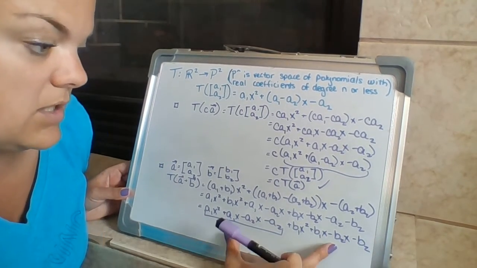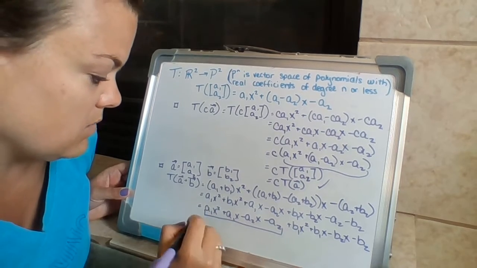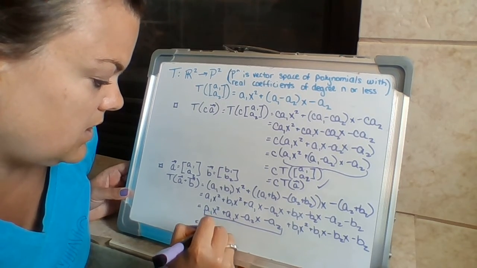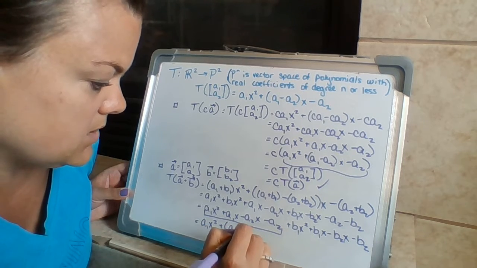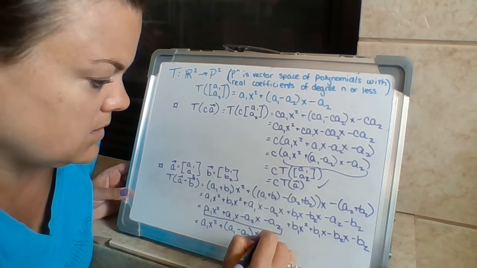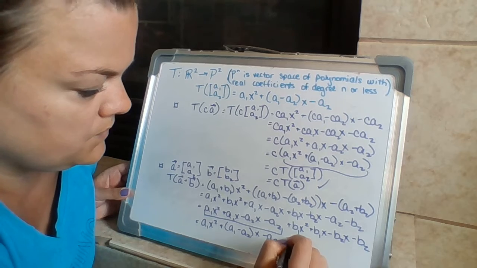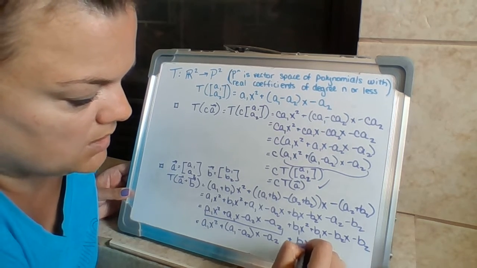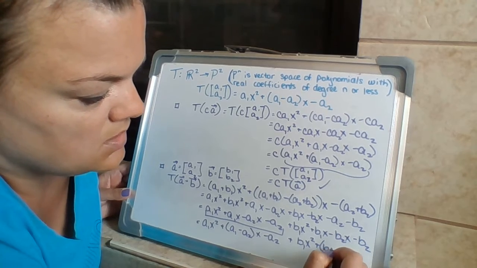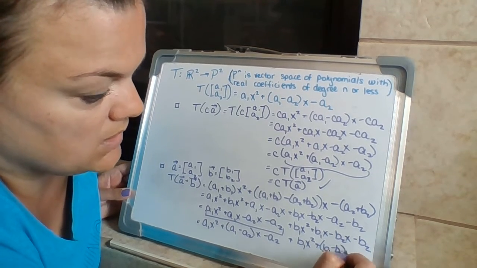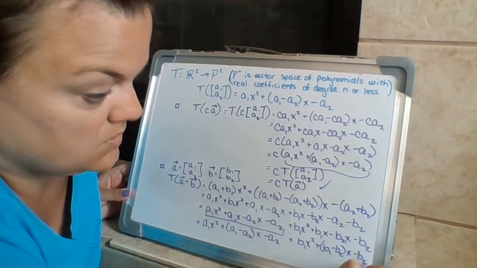I can factor the x out of the middle terms in each of these. So I have a1 x squared plus (a1 minus a2)x minus a2. Same thing on this side: b1 x squared plus (b1 minus b2)x minus b2.